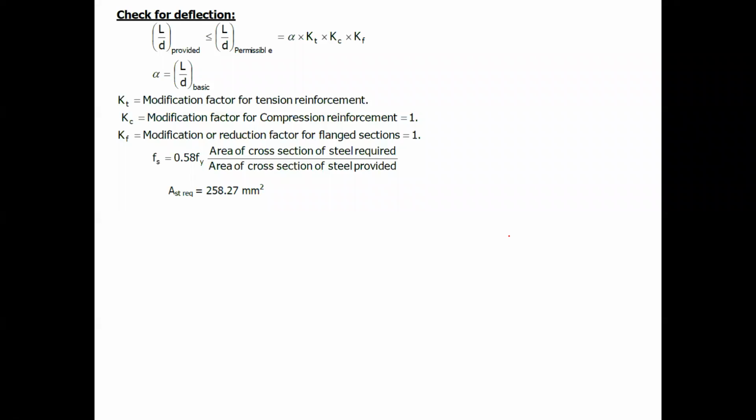AST required, that is 258.27, right? Earlier you have calculated. 258 or 212? 212, right? Sorry. So this is 212. AST required is 212.